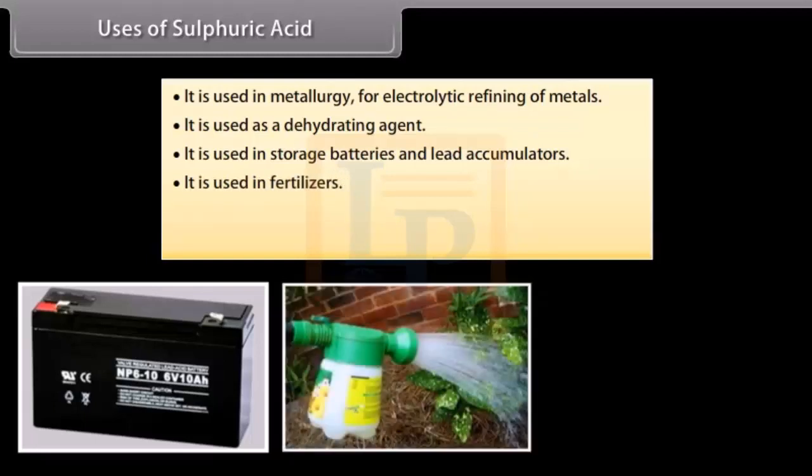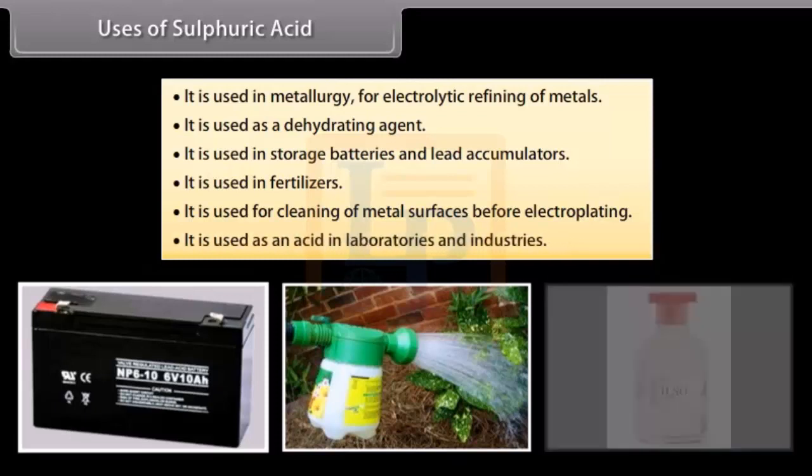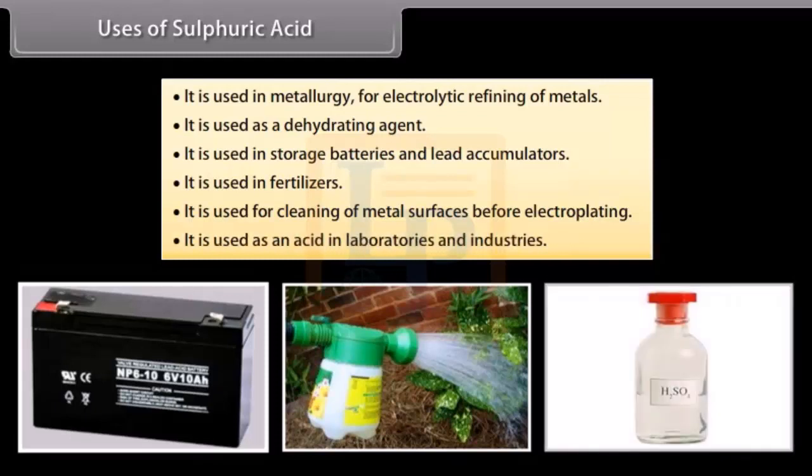It is used in fertilizers for the preparation of ammonium phosphate, ammonium sulfate and superphosphate of lime. It is used for cleaning of metal surfaces before electroplating. It is used as an acid in laboratories and industries.